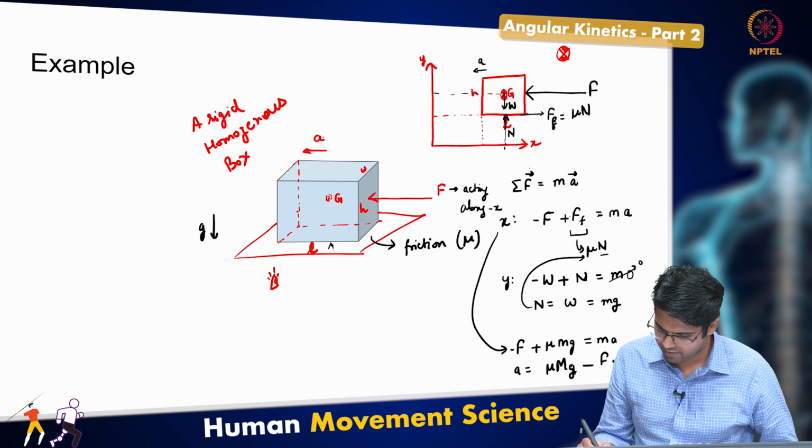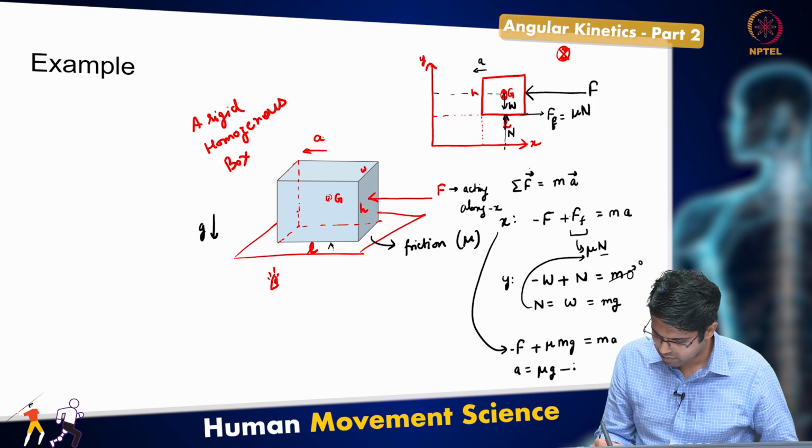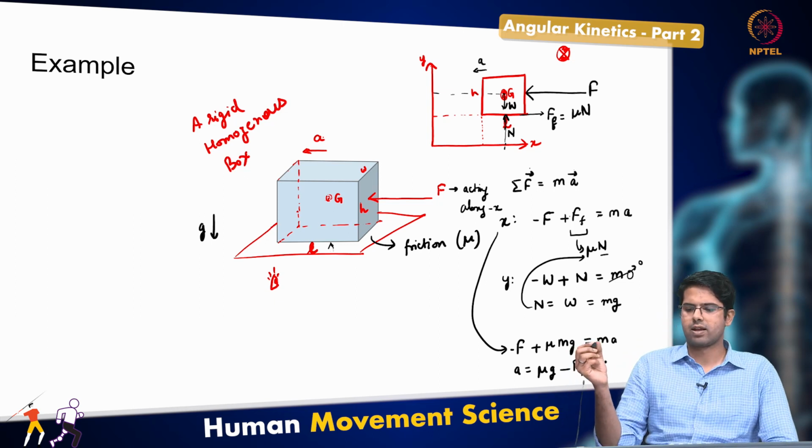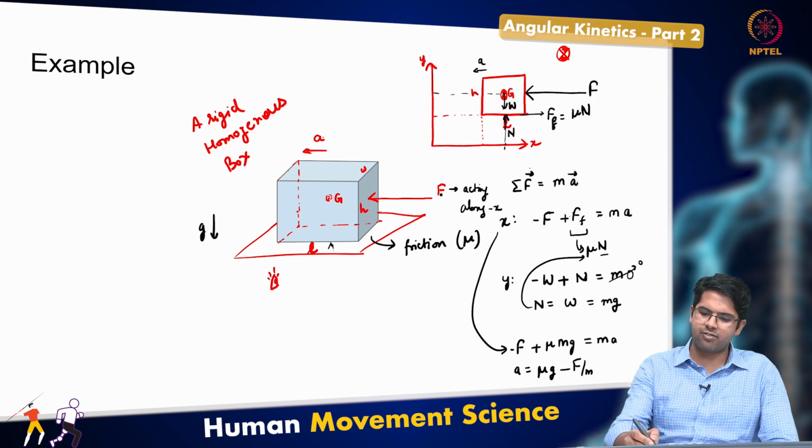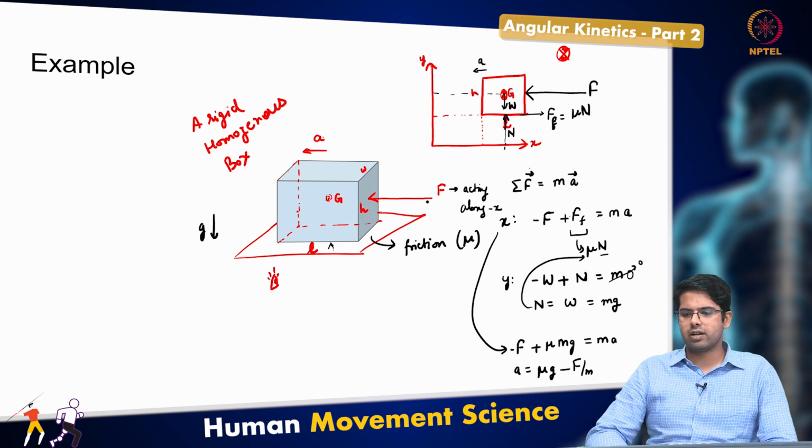Or I can say acceleration is mu g minus F divided by m. Okay, so I have used a free body diagram to calculate the acceleration of this body should a force F act on it in this particular manner.